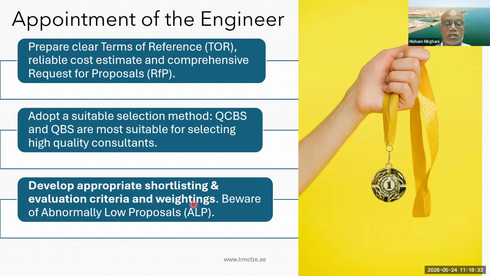And this needs a lot of attention to be paid to the shortlisting criteria as well as the evaluation criteria. And one aspect which is very important that we should pay attention to is this phenomenon of abnormally low proposals, very low offers, which run really a huge risk of very poor quality output, deliverables and service from the consultant.